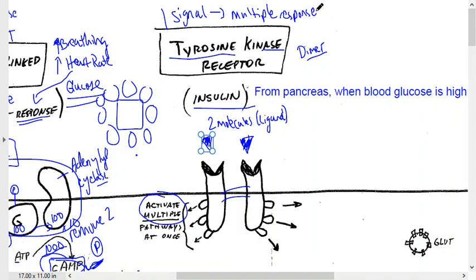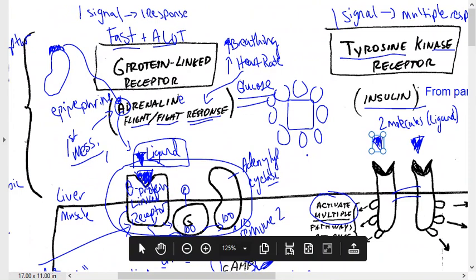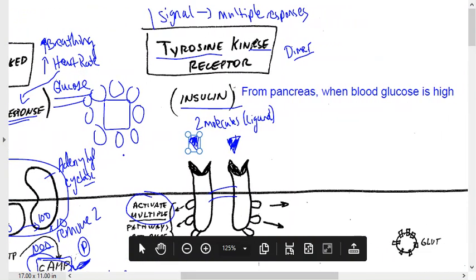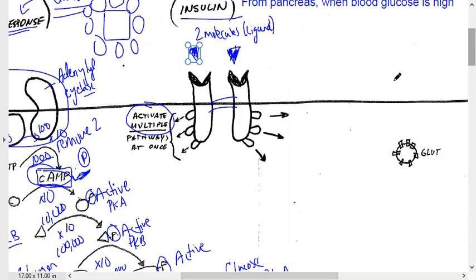Remember, with our G protein receptor, one signal got one response, albeit a very fast and overwhelming response. With tyrosine kinase receptors, one signal gets you multiple responses. So a slight difference here.